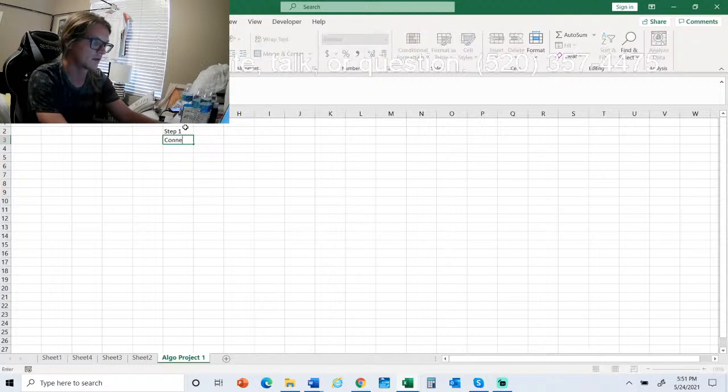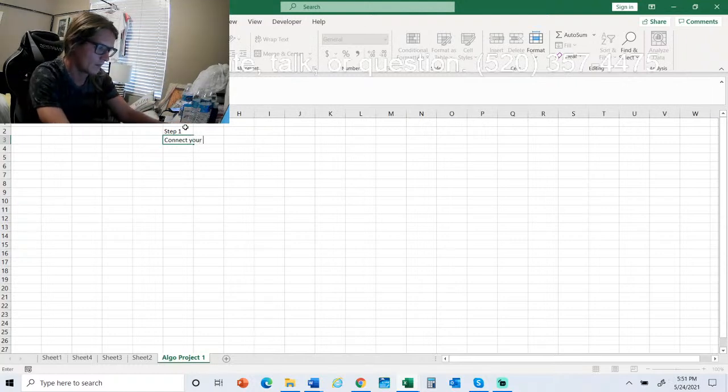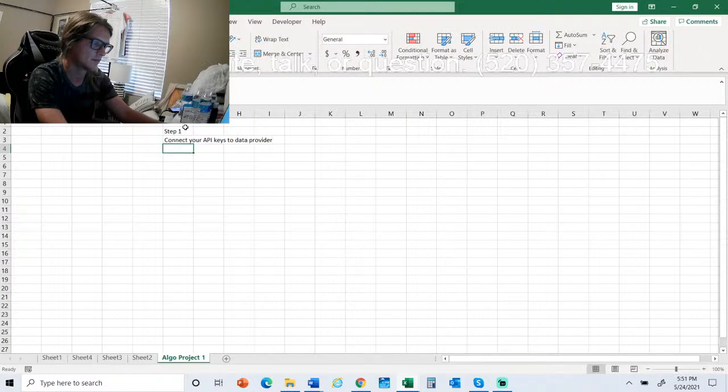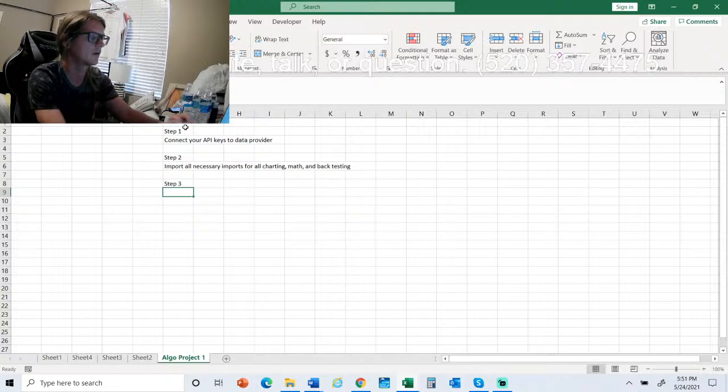Connect API keys to data provider. Step 3.